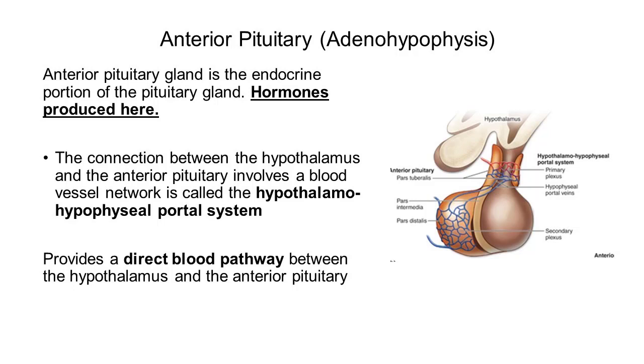Now in the posterior, our neurons were called the HH what? Tract. Here in the anterior, we've got the HH portal system. One's neurons and one's capillary networks. Make sure you don't confuse which one goes where, because there's a big difference between neurons and blood vessels. All right?